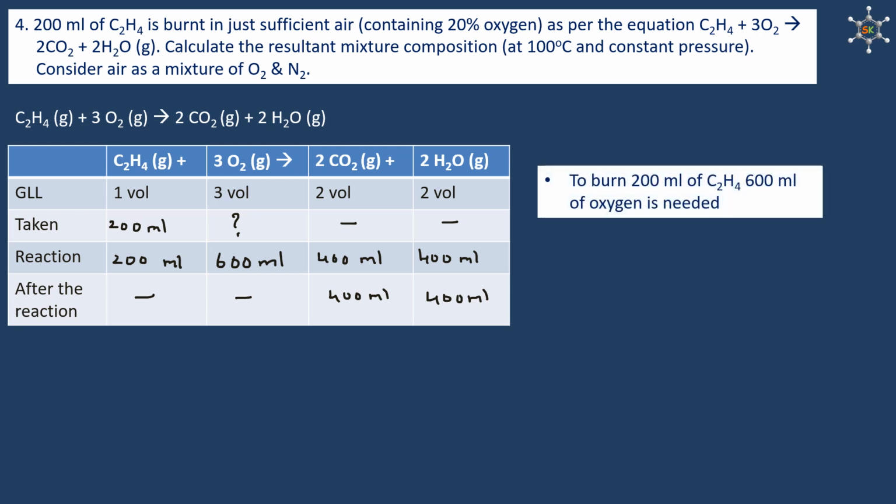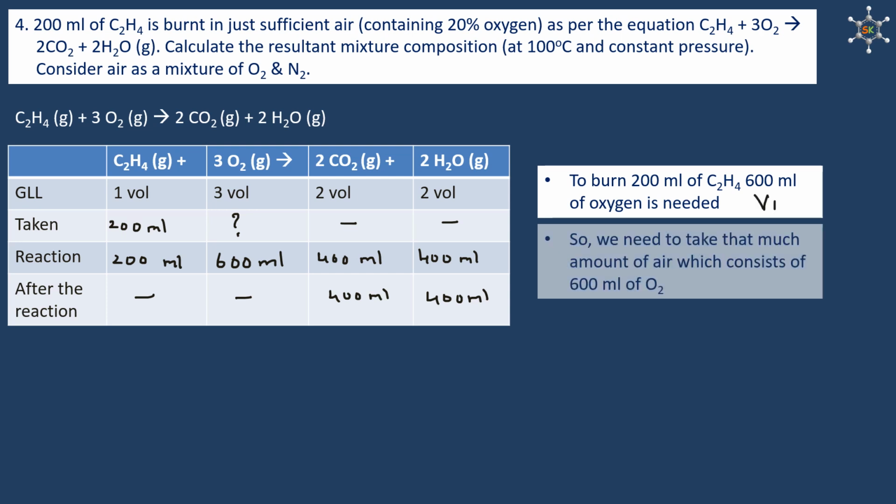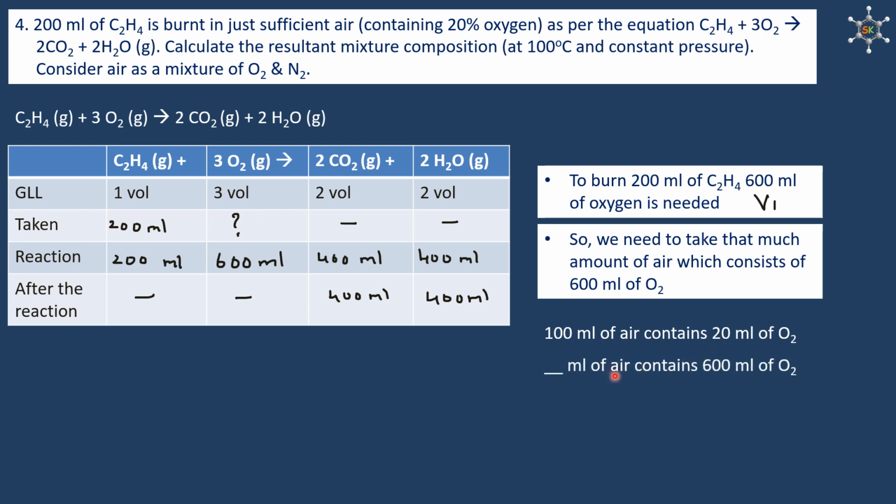So, to burn 200 ml of C2H4, 600 ml of oxygen is needed. This is nothing but V1. Now we have to find out the amount of air which consists of 600 ml of oxygen. For that, the detail given is air consists of 20% oxygen, meaning 100 ml of air contains 20 ml of oxygen. So, what ml of air contains 600 ml of oxygen?